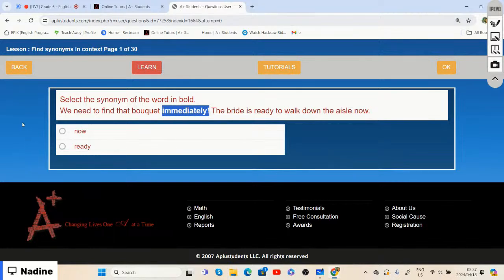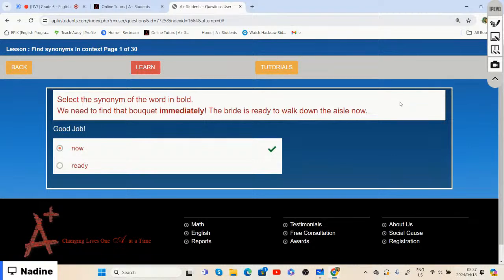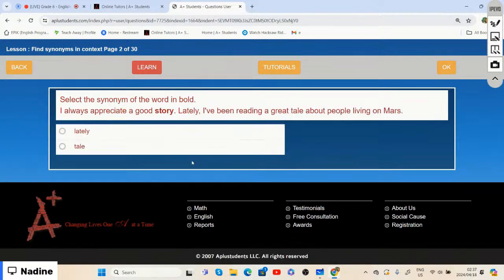All right, so we need to find the word that's the same as immediately, and the same as immediately is now, right? All right, so now is great.